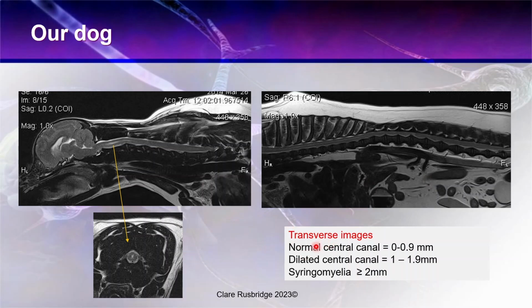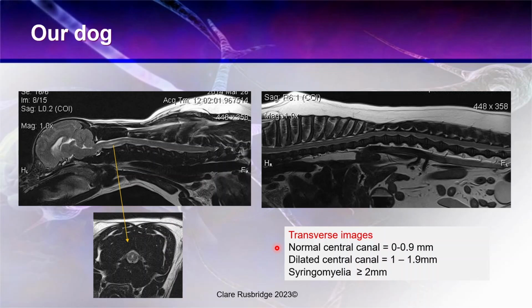I've put some figures in here because there's another sort of source of confusion. What is the normal central canal? Well, actually that hasn't been defined, but generally neurologists and radiologists take the normal central canal diameter as being less than 1 millimeter. So from 0, not being able to see it at all, to 0.9 millimeters.